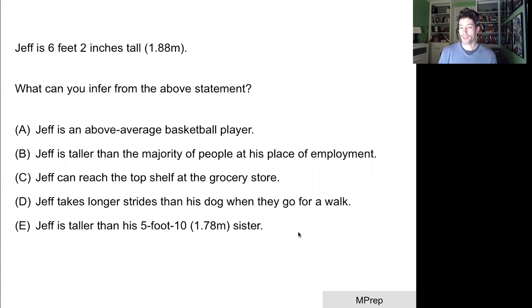On the GMAT, inferences are things that are absolutely 100% things that must be true. And so even though I'm pretty sure B and D are going to be true, pretty sure doesn't cut it on a GMAT inference.